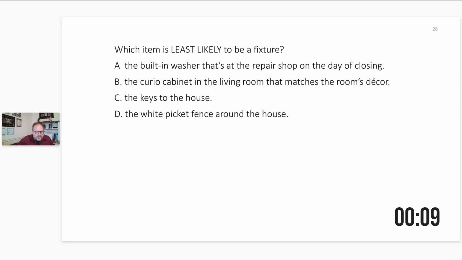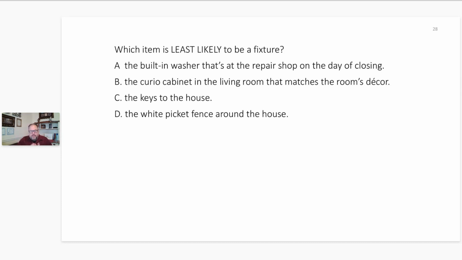Which item is least likely to be a fixture? All right. I like this question because you have to stop and really role play.